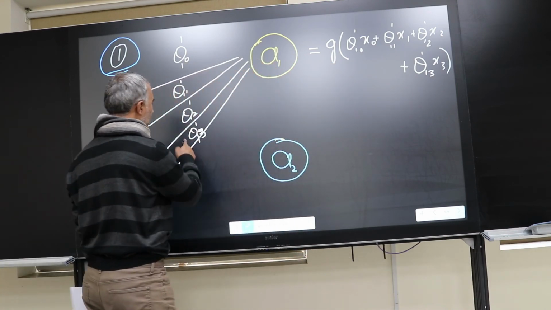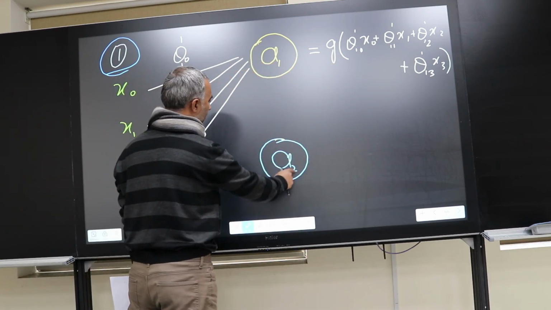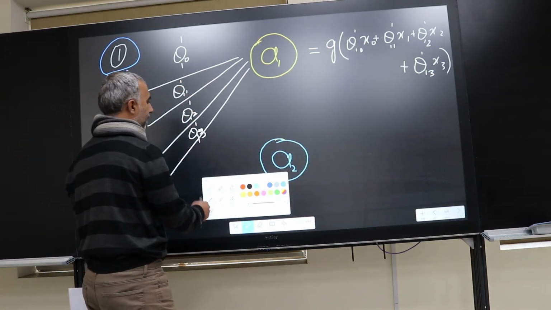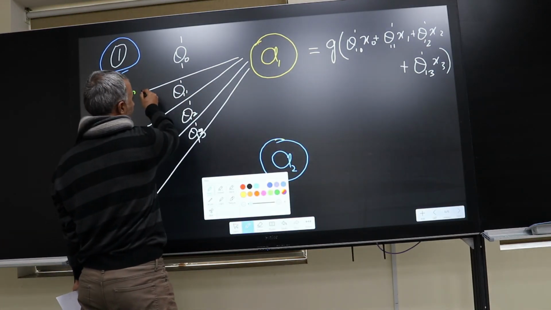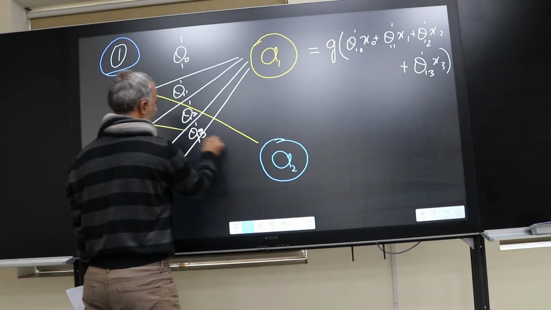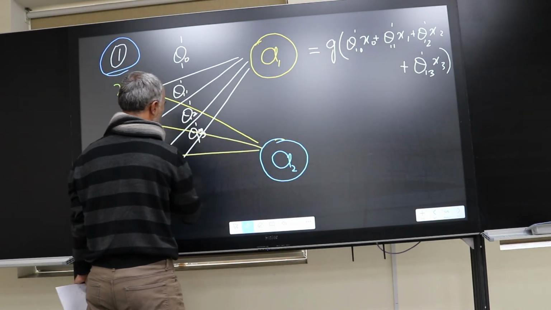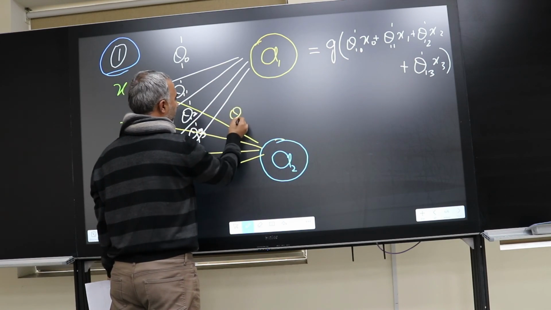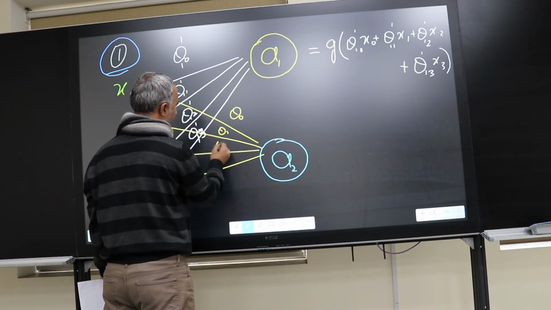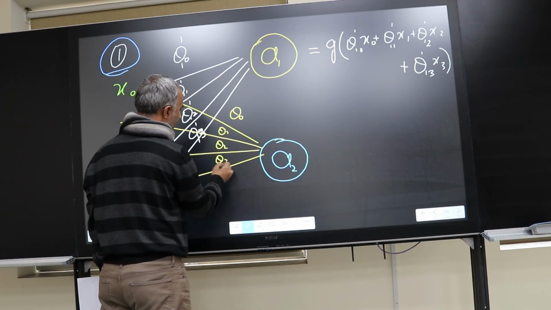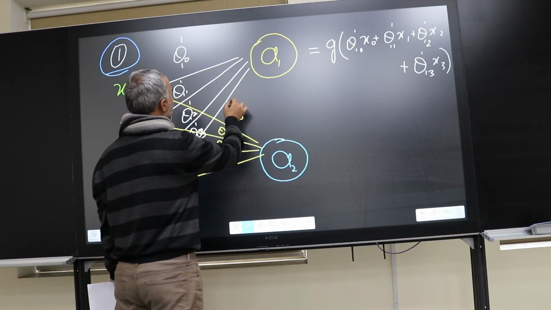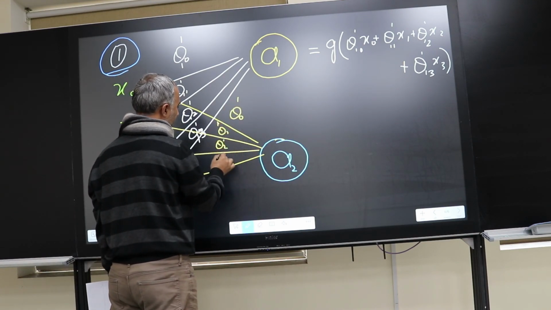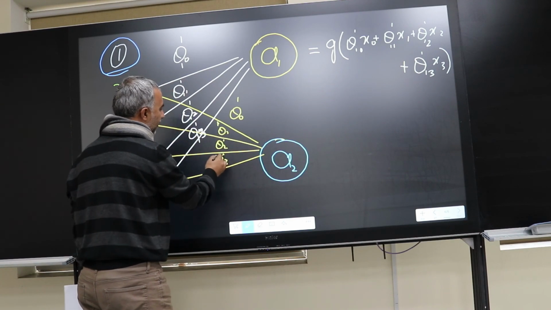If we are talking about the activation of the second cell, then we will express this. Again, we know the weight values, and we also know that it comes from the first layer, but it is going to the second activation cell.